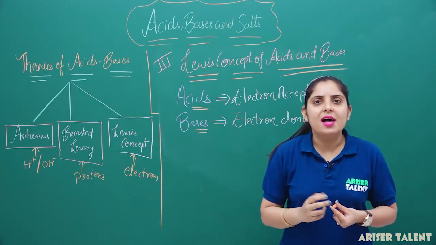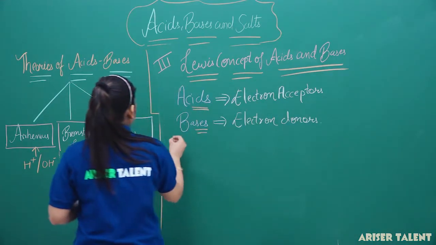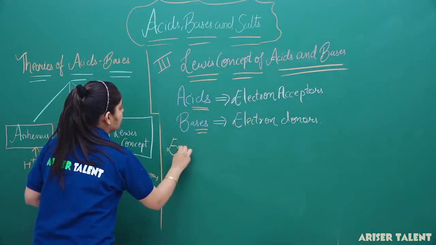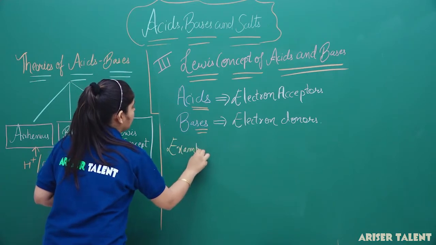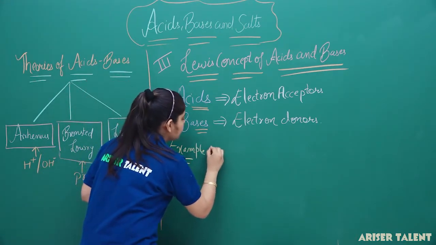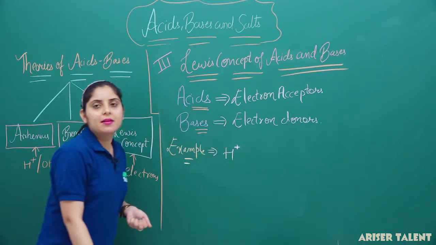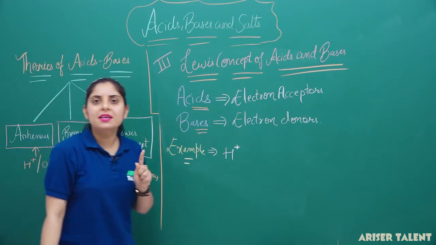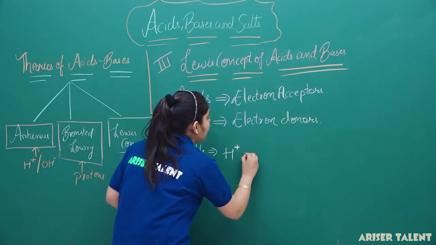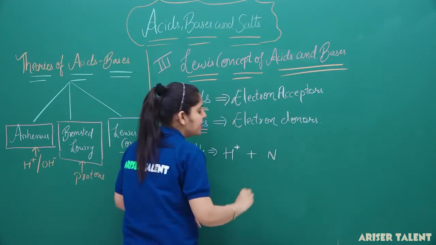Now we will take an example to understand the Lewis concept of acids and bases. Suppose I am provided with an H+ ion. This H+ ion will basically act as an acid, and now I am reacting it with ammonia. Ammonia is NH3.